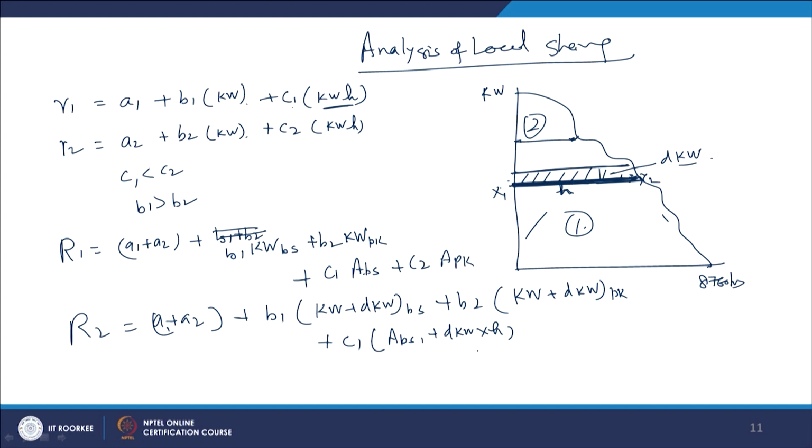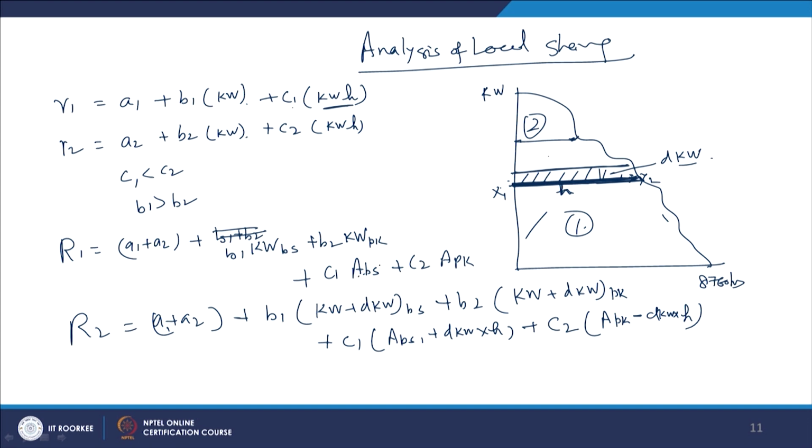So, this area will be added, and from here this area will be subtracted. So, it is going to be C2 A peak minus A peak d kilowatt into H, right. What we have done, we have just added these two, we got the total cost. We added R1 and R2, we got the total cost A1 plus A2 plus B1 kilowatt B1 plus B2 plus C1 plus C2, okay.